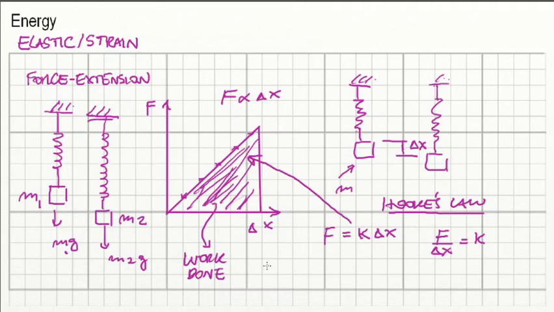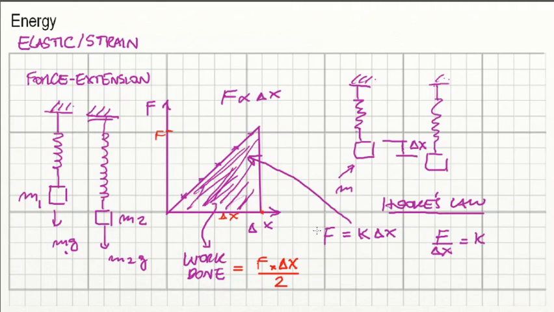It's a basic triangle. The height here is F, and this base here is delta x, the extension. So the area, therefore the work done, is the force times that extension divided by 2. Base times height divided by 2.